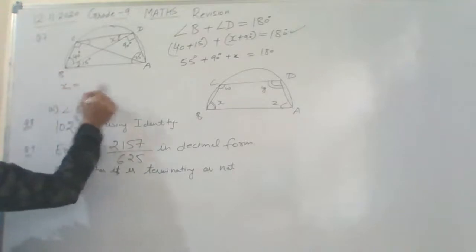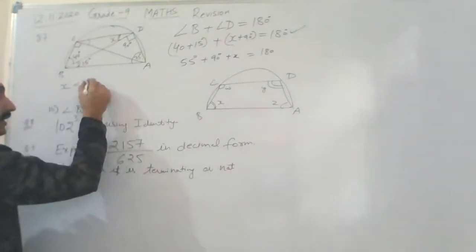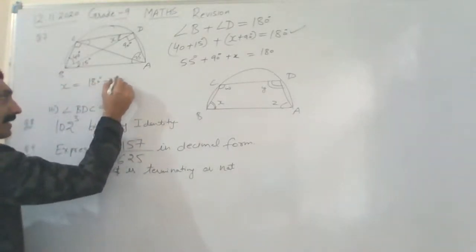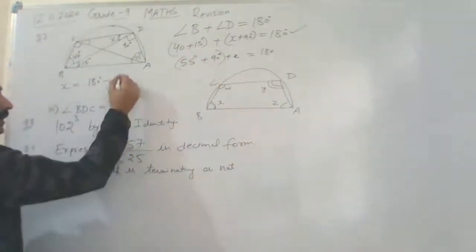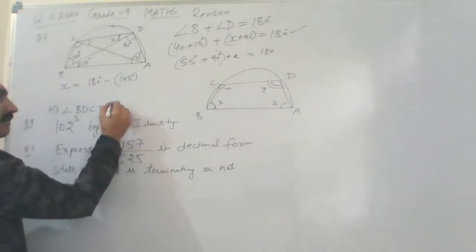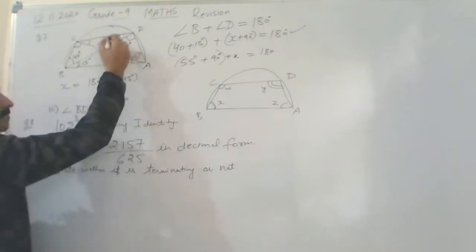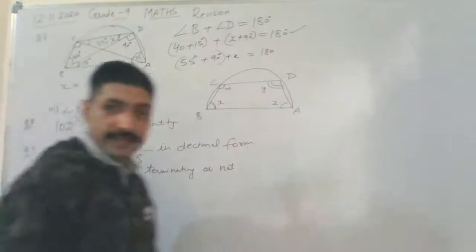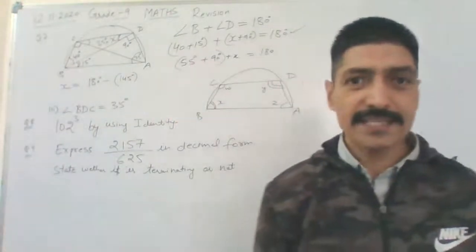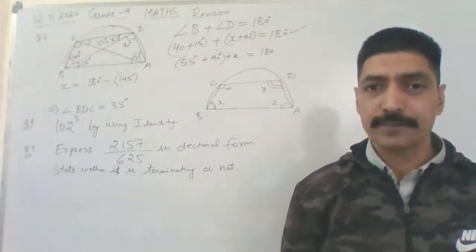So X is 180 degrees minus 55 and 90, that is 145. So 35 degrees is the answer. What is X? X is 35 degrees.